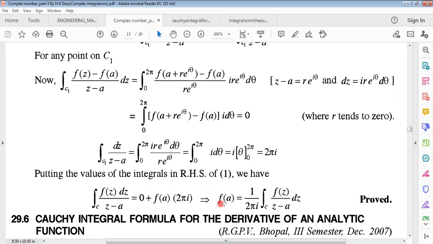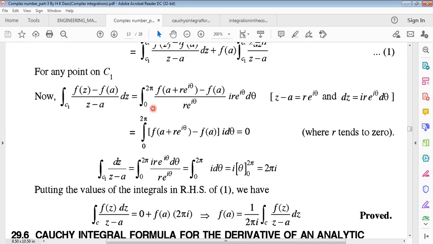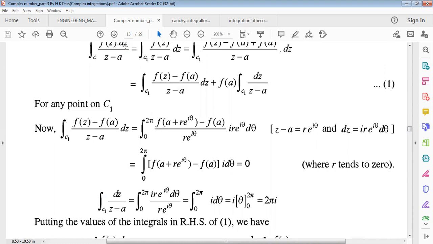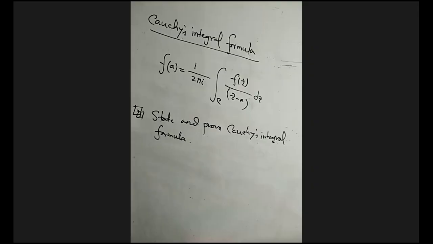Then from this line we can write f(a) equals 1/(2πi) times the contour integration of f(z)/(z - a) dz. This is the proof of Cauchy's integral formula. The function f(z) will be analytic except at z equals a. Remember it.